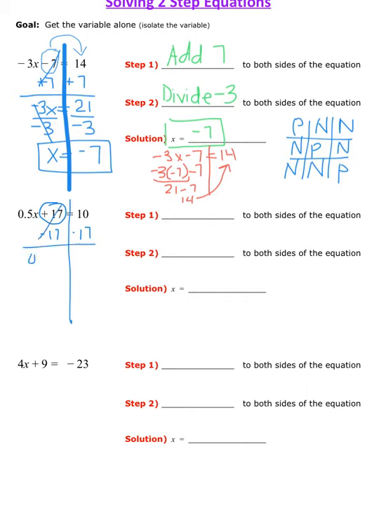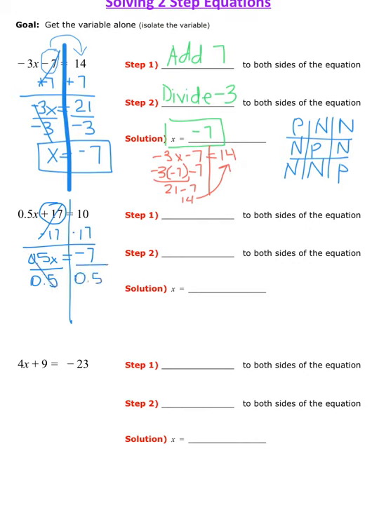Bring down what is still on the left side, so 0.5x equals 10 minus 17 is going to be negative 7 because they're different signs, so you subtract and take the sign of the larger, which is the 17. Then you'll divide both sides by the number with the variable, so divide both sides by 0.5.